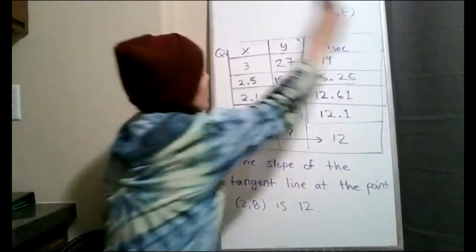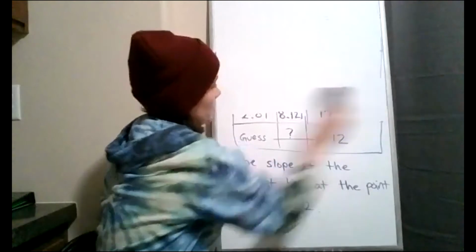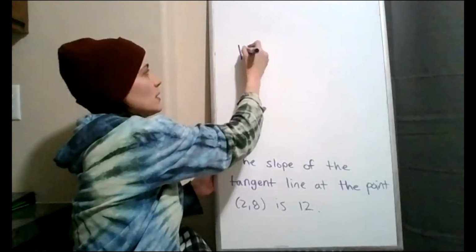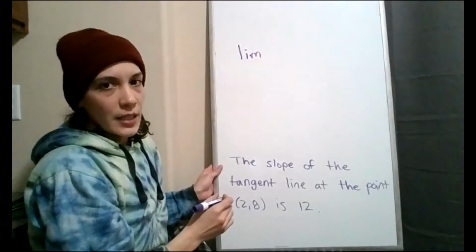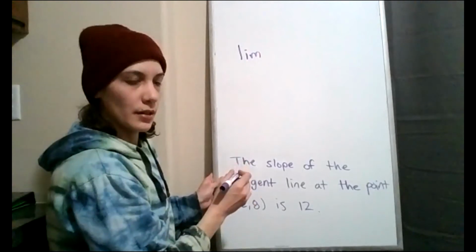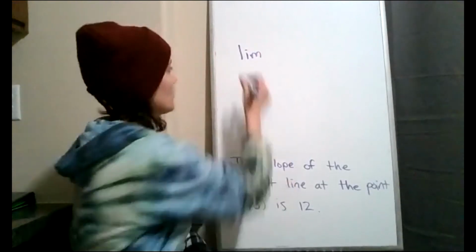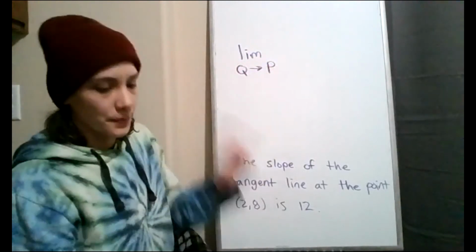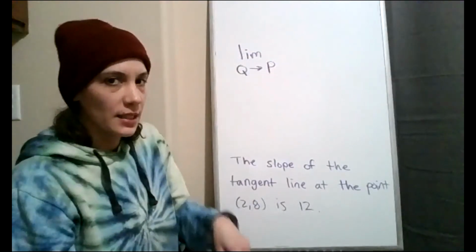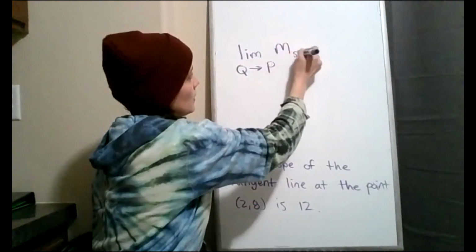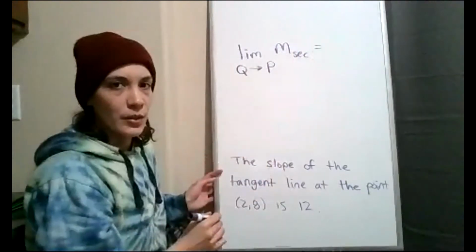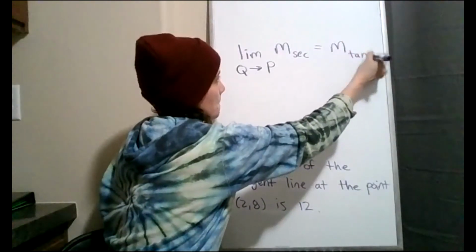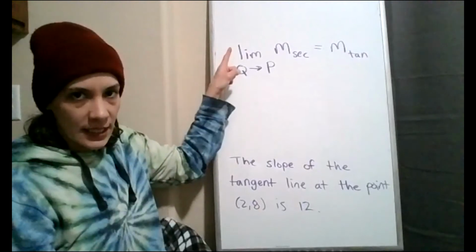What we're going to say is the limit as Q approaches P, Q goes to P, of the slope of the secant lines is equal to the slope of the tangent line. Again, we're getting into this next section.